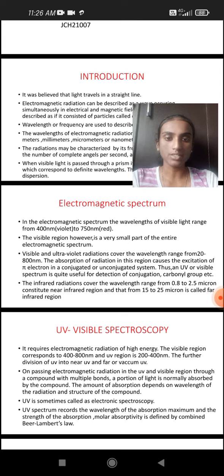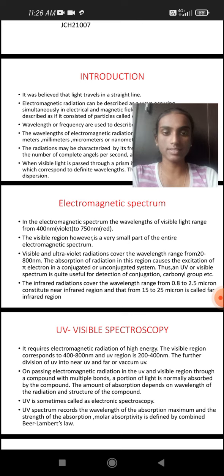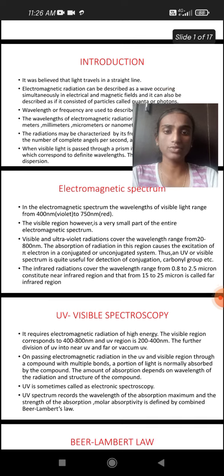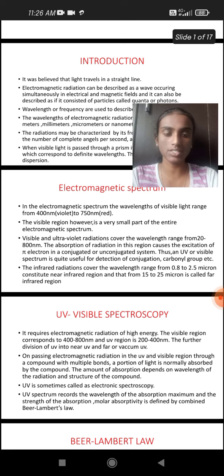The absorption of radiation in this region causes the excitation of pi electrons in a conjugated or unconjugated system. Thus, a UV visible spectrum is quite useful for detection of conjugation and carbonyl groups, etc.